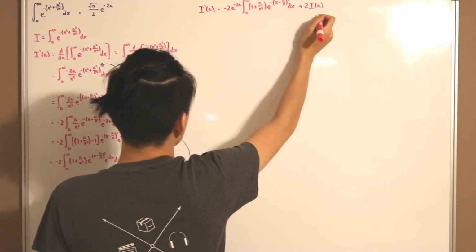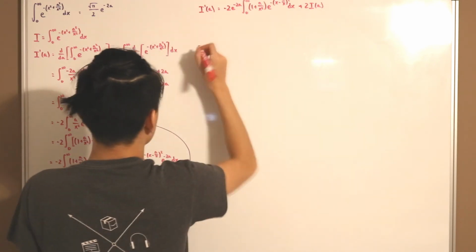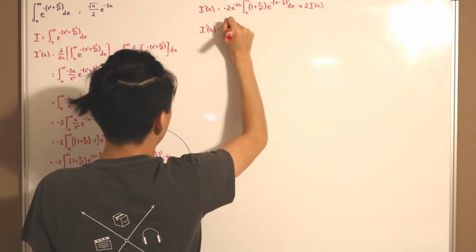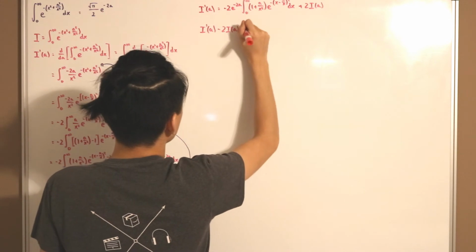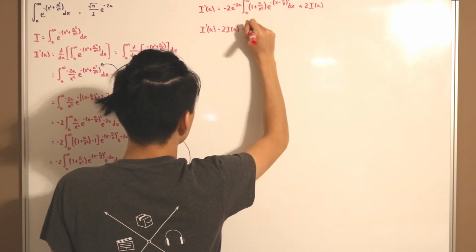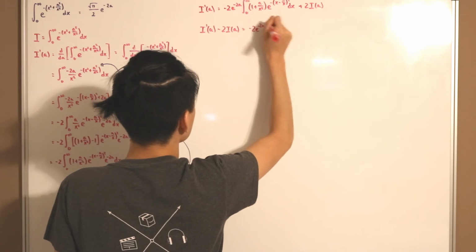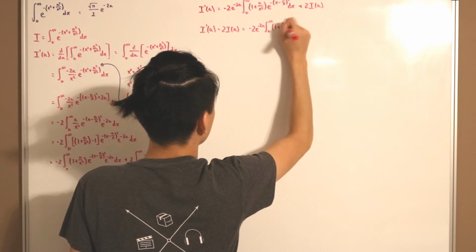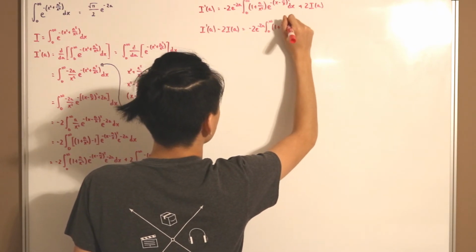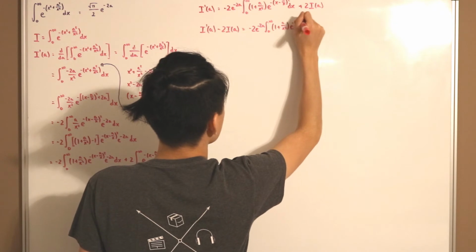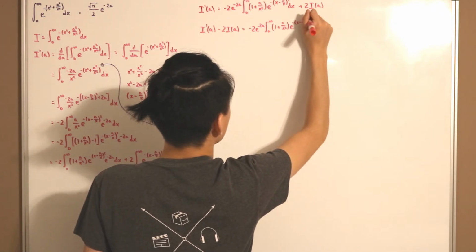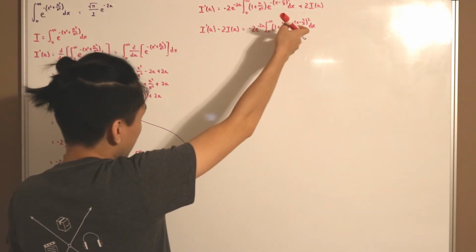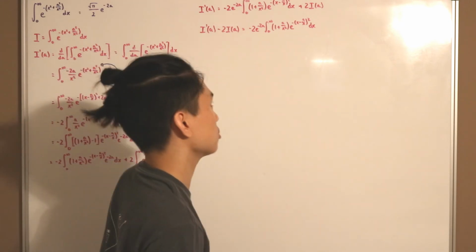Then I can subtract 2 times I of a from both sides, so we get I prime of a minus 2 I of a equals this integral, like so: negative 2e to the negative 2a, integral from 0 to infinity of 1 plus a over x squared, e to the negative x minus a over x, dx. And now this integral is simple because we can do a u substitution.